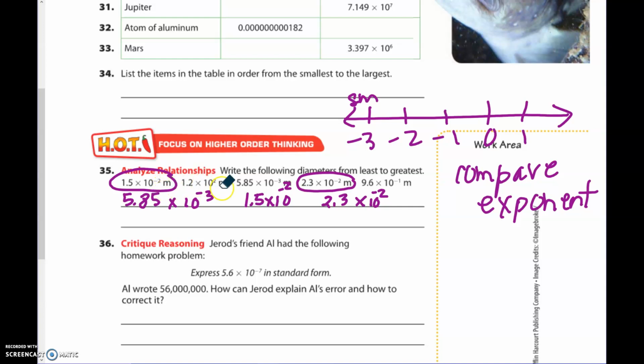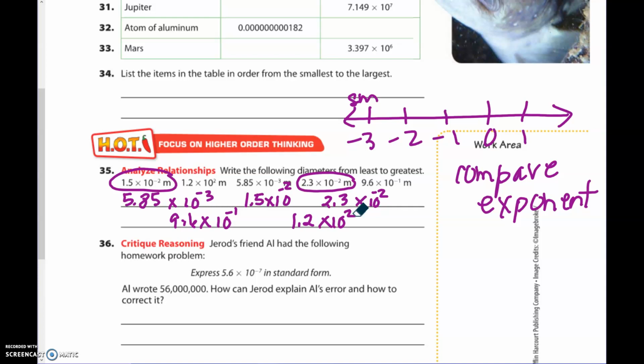All right, negative 2, positive 2, and negative 1. Negative 1 is smaller than 2, comparing those exponents. So 9.6 times 10 to the negative 1, and the biggest number we have here is 1.2 times 10 to the second. All right, so when we're comparing scientific notation, you want to first compare exponents.